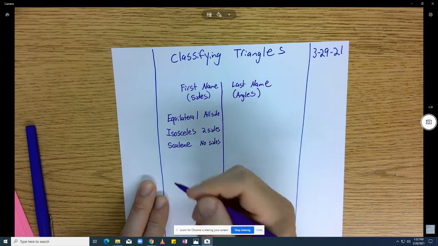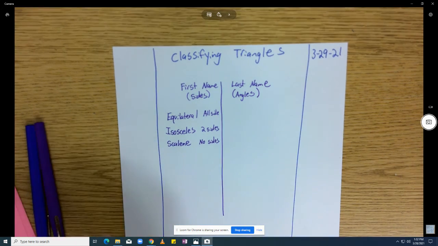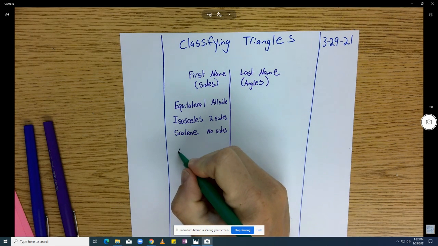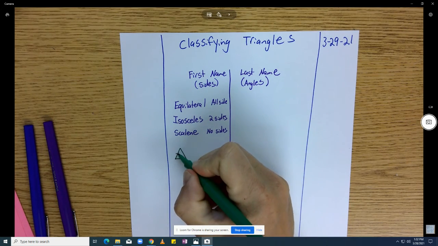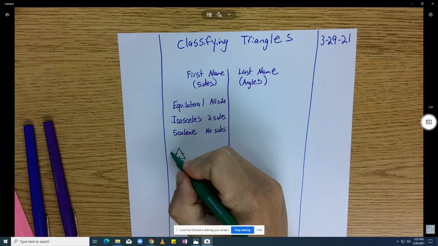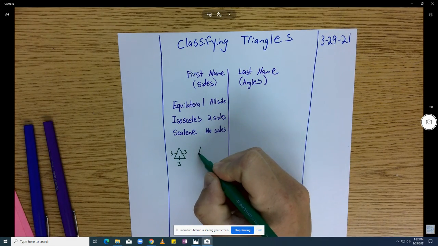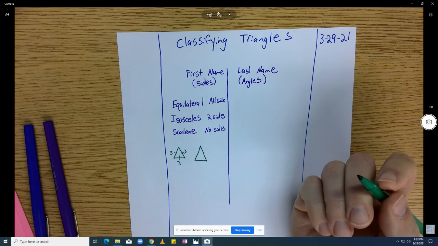So let's draw one of these each. First I'm going to grab a green, let you get caught up. So we're going to draw this and put one tally on each of those to show they're all the same. We can also put a measurement: 3, 3, and 3. All right, let's draw an isosceles.